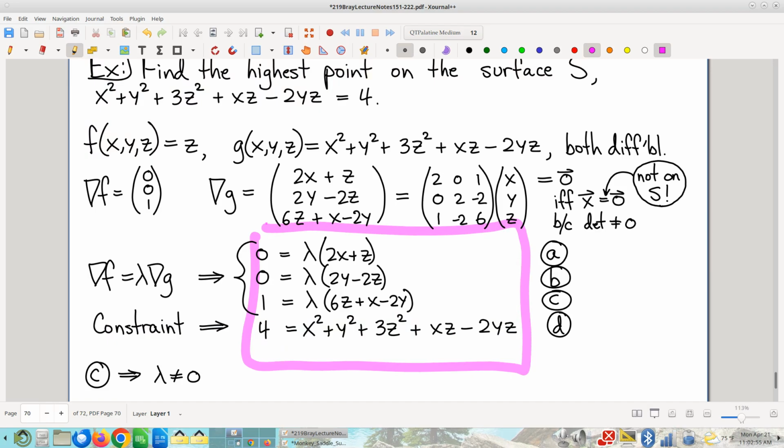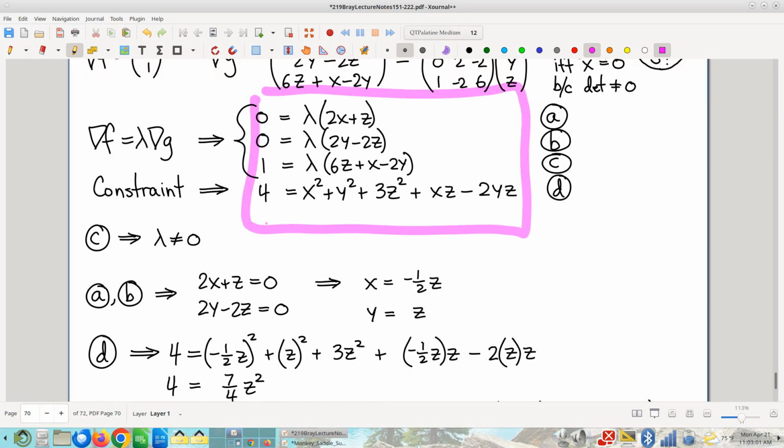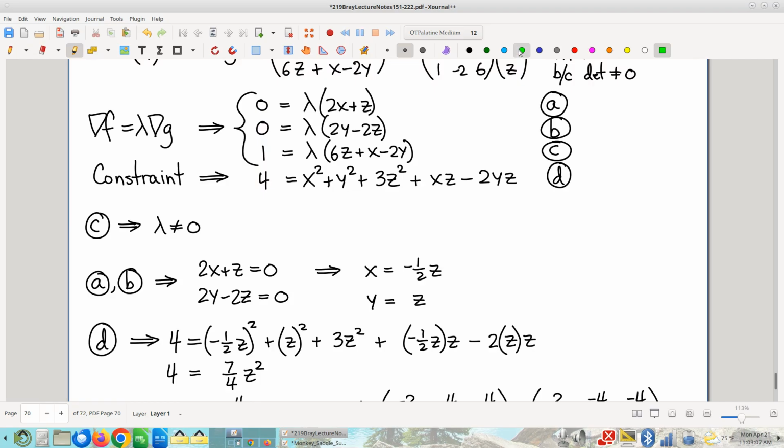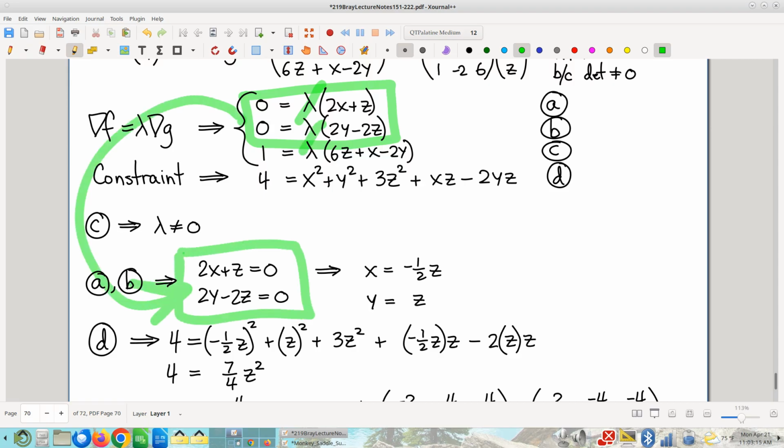And this algebra can get a little annoying here and there. Okay, so how to solve this? There are different things to do. Now what you're going to want to do is look at these two equations, cancel the lambdas, and rewrite like this. Very tempting. Here's the thing.